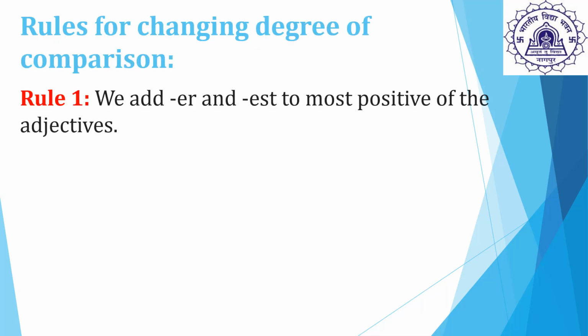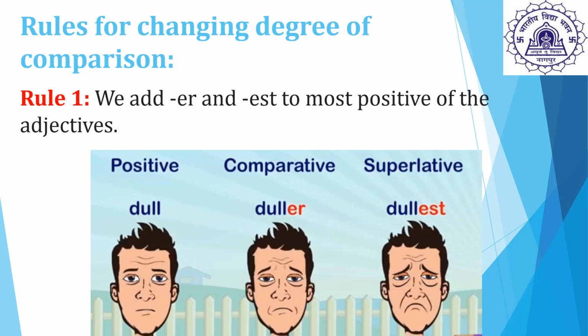So now we will study, children, certain rules for changing the degree of comparison. Rule 1 says that we add an ER or an EST to the positive form of the adjective. Like for example, dull. The comparative will be duller and the superlative will be dullest.